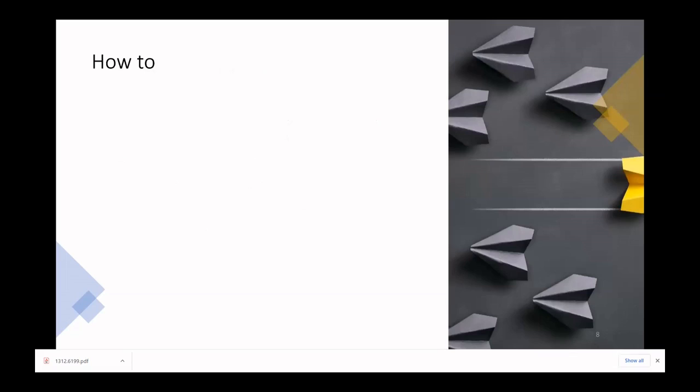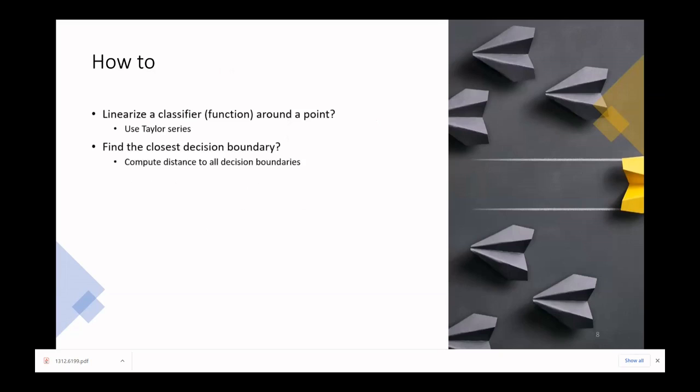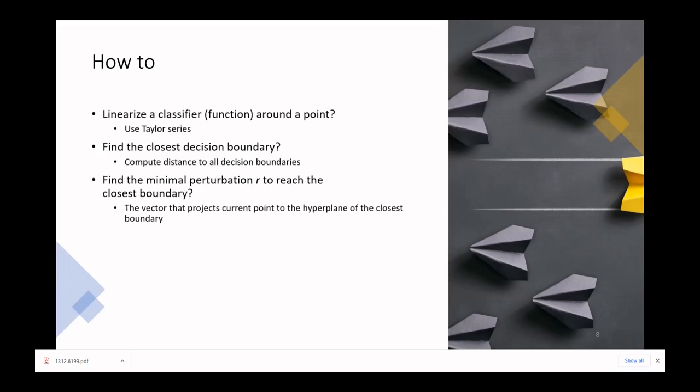Now, in the previous slide, I talked about a few steps that need more clarification. Specifically, how do we linearize a classifier? How to find the closest decision boundary, and how to find the minimal perturbation. So we'll see the answers to these questions when I talk about mathematical background in the next slides.